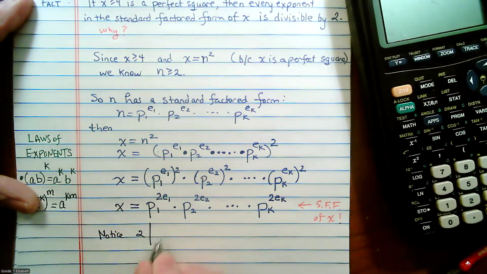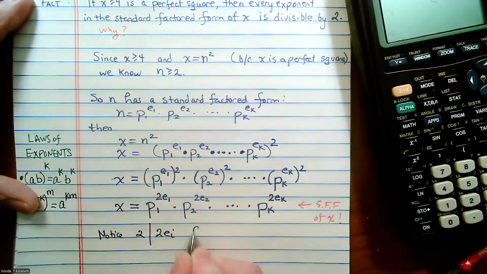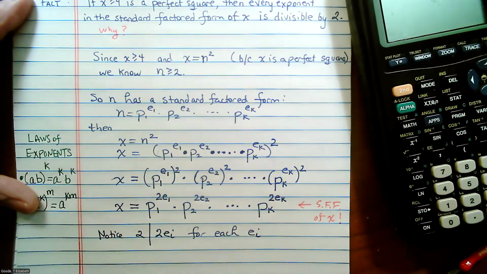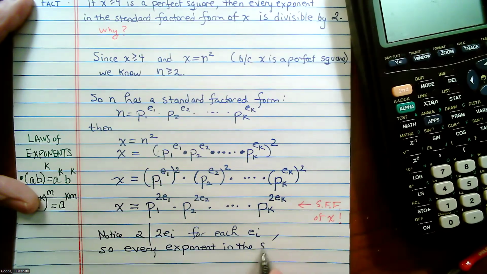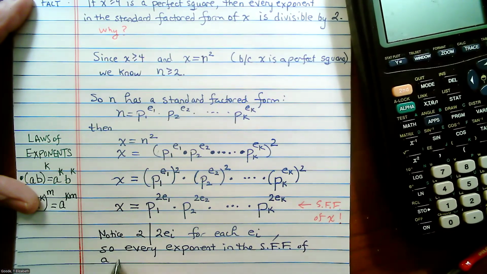Notice 2 divides 2e sub i for each e sub i. Yeah, 2 is right there as one of the factors. So every exponent in the standard factored form of a perfect square is divisible by 2.